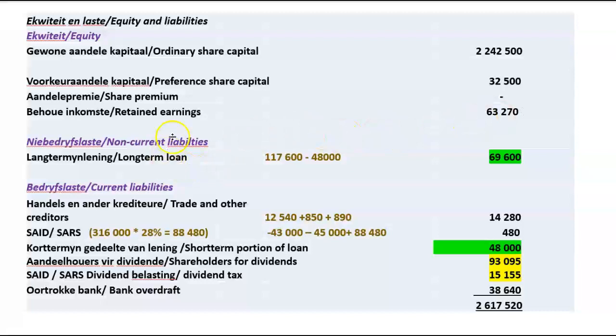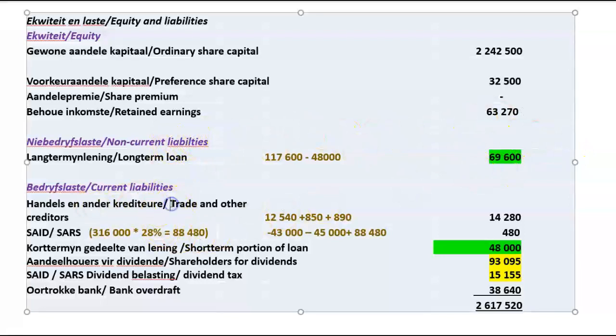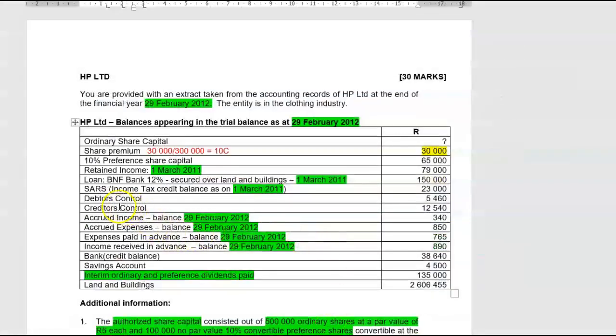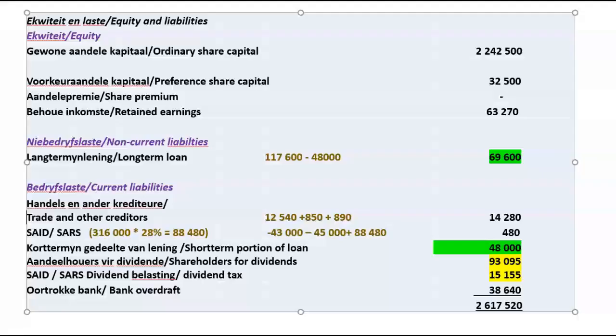We've already spoken about our non-current liability, which is our long-term loan, and our trade and other creditors. Let's have a look what that is. On our trial balance, creditors control 12,540, accrued expenses 850, and income received in advance of 890. Only one total will be marked.